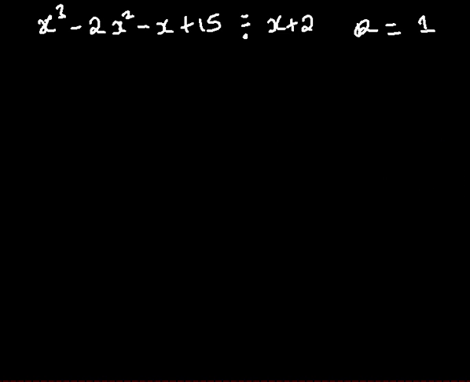Now let's consider the divisor, x plus 2, to be equal to 0. If that is the case, then x is equal to negative 2.